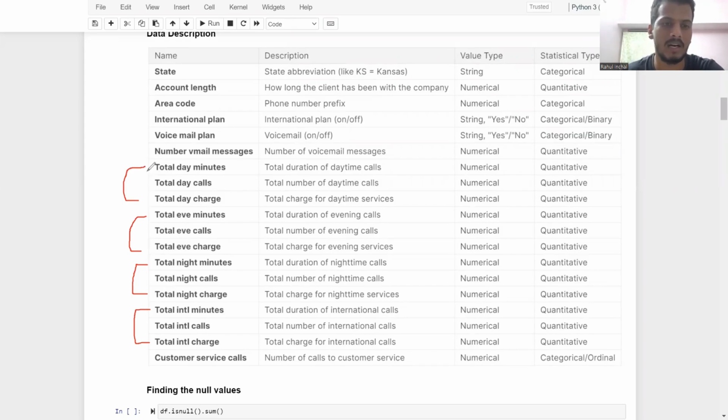Now these groups are very important for you to understand: minutes, calls, and charges for day, evening, night, and international. We are going to analyze a lot of things based on these, and there are also some other parameters which we are going to check.